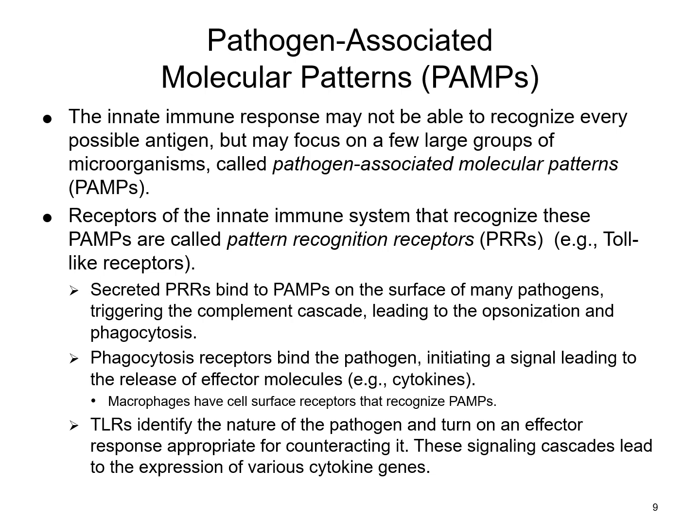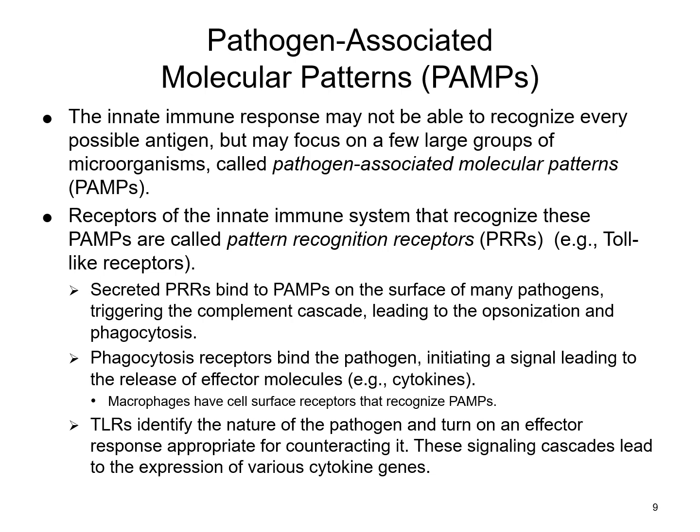There are 3 groups of pattern recognition receptors. You have secreted PRRs, which bind the PAMPs on the surface of many pathogens, triggering the complement cascade, leading to opsonization and phagocytosis. Phagocytosis receptors bind the pathogen, initiating a signal leading to the release of effector molecules. These are cytokines.